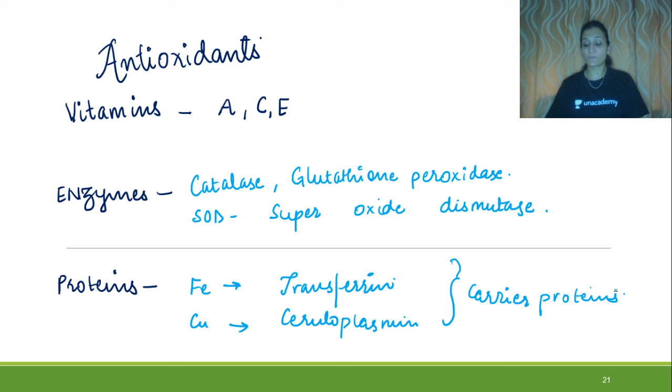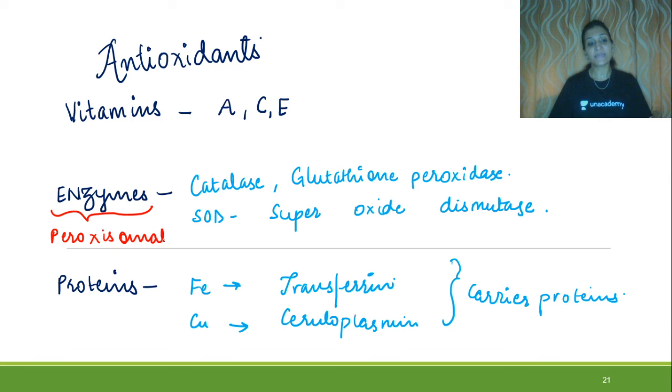These are the kinds of antioxidants in nature, okay? And the PYQs which can be asked here, for enzymes: which one of these categories are the peroxisomal enzymes? Catalase, glutathione peroxidase, superoxide dismutase, none of the above, or all of the above? All of the enzymes fall into the category of peroxisomal enzymes.